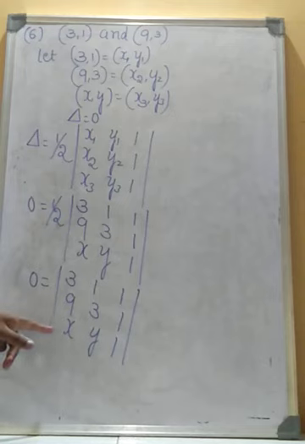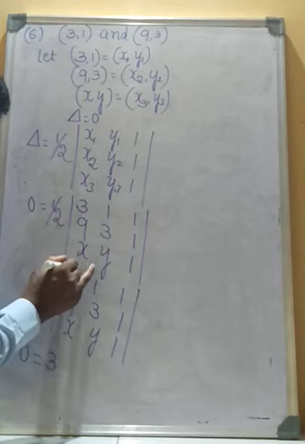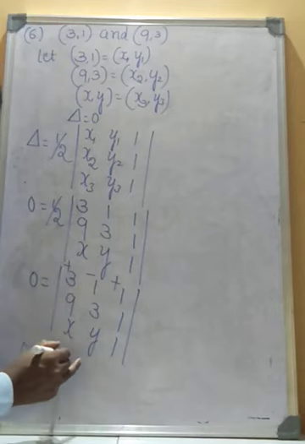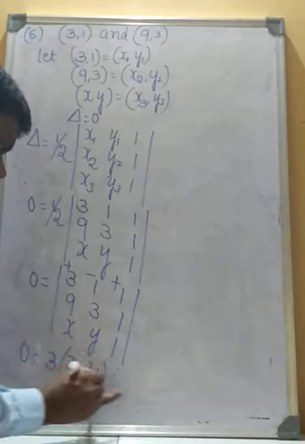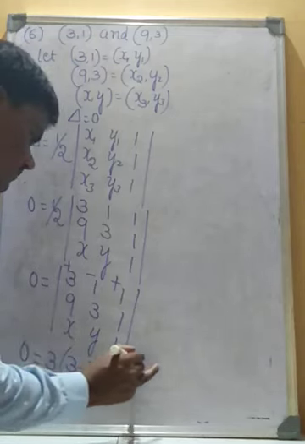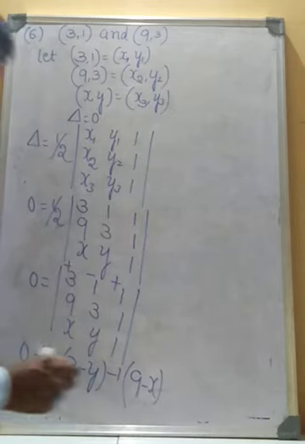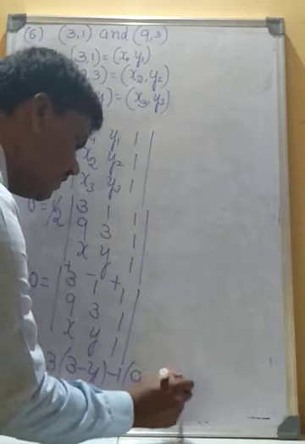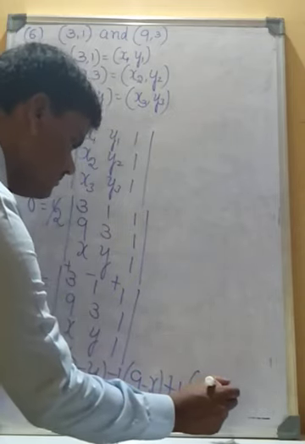Expansion along the first row, taking sign places plus, minus, plus: 0 equals 3 into (3 ones are 3 minus y ones are y), minus 1 into (9 ones are 9 minus x ones are x), plus 1 into (9y minus 3x).